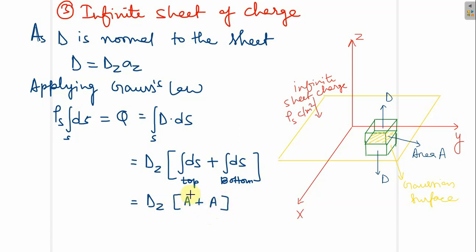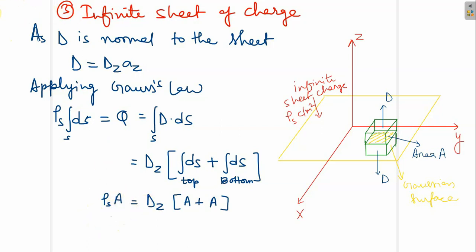Okay, so then what will be the value of D? Dz equals, and here it was rho s ds, so here also we can write rho s into A. Let me make it more clear.